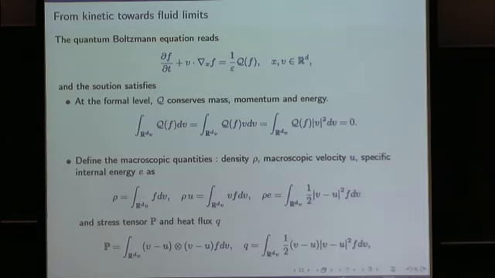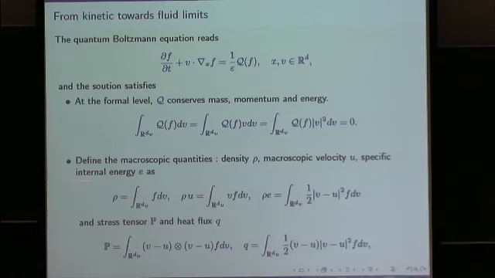So now you have to go to the physics and remember that the collision operator Q conserves mass, momentum, and energy. It means that the first moments of the collision operator are equal to 0. Then you define the density rho by integrating the distribution function with respect to v.